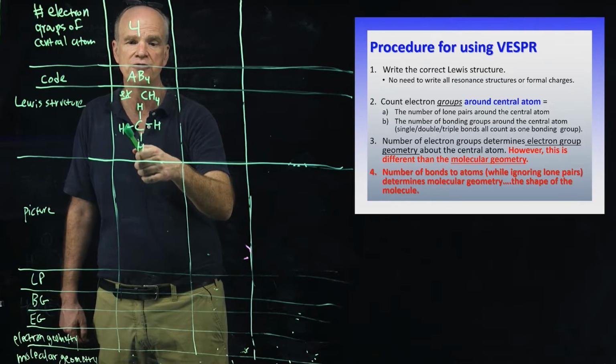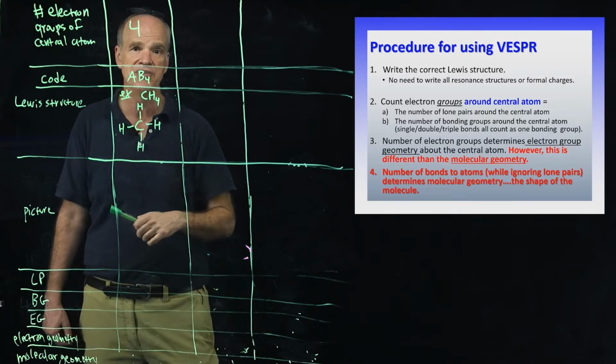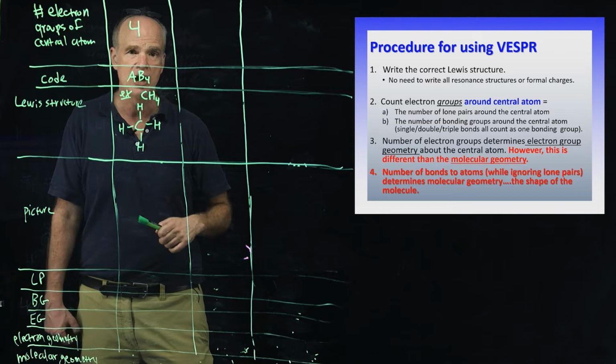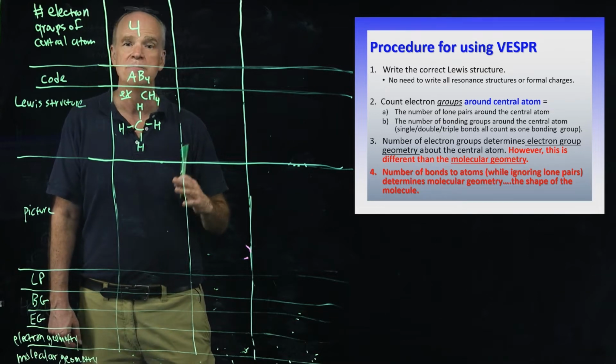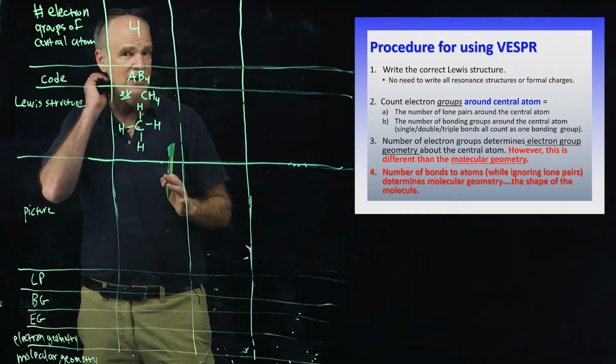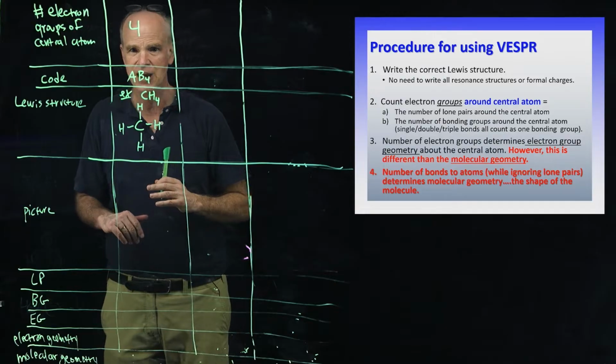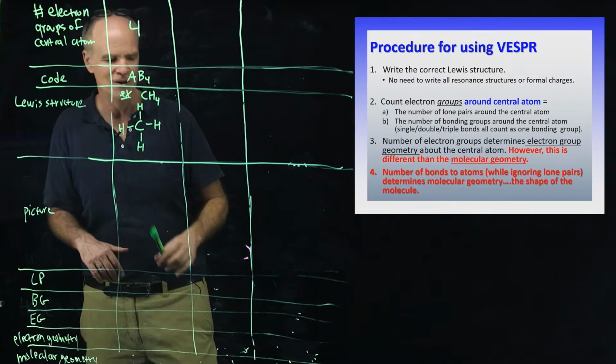You can see that there are 4 single bonds leaving the carbon. Each single bond counts as a bonding group. So carbon has 4 bonding groups, but because it has 0 lone pairs, the central atom has 4 electron groups total.